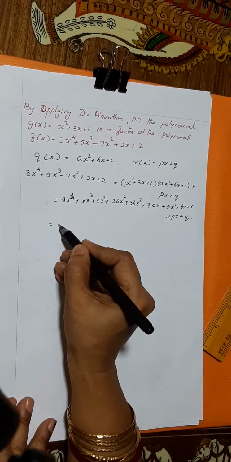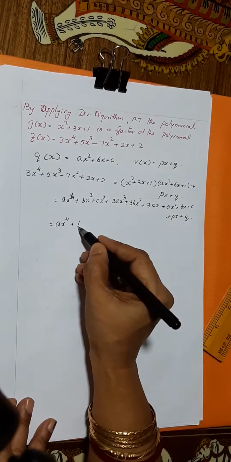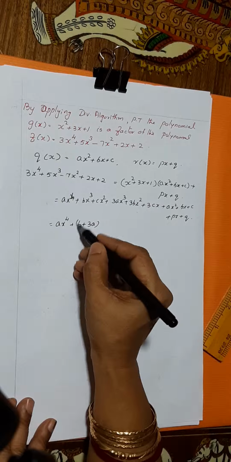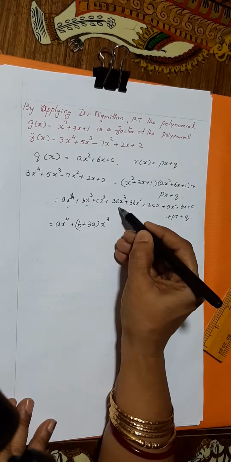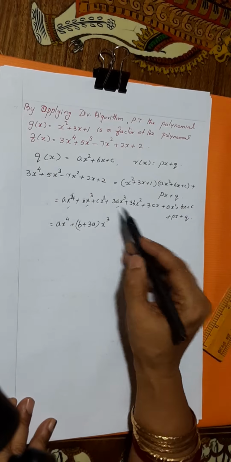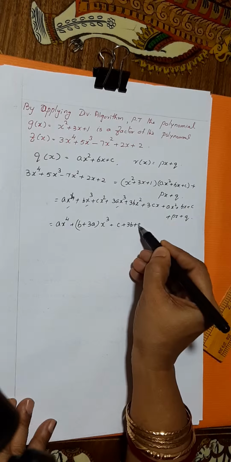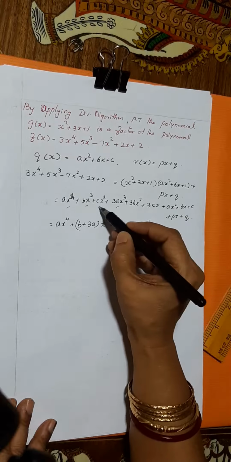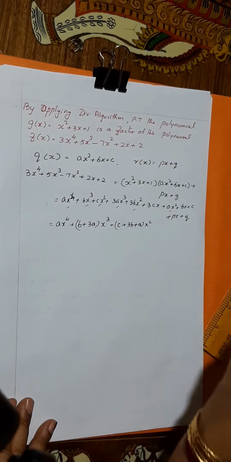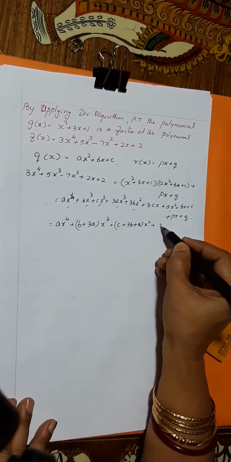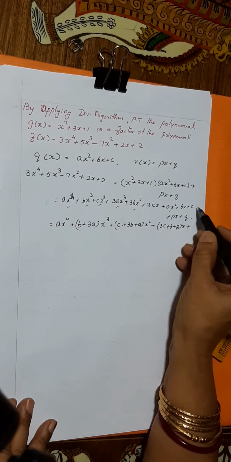So we will write this as ax to the power of 4 plus b plus 3a into x cube. So this is over. Now x squared, c plus 3b plus a x squared. So this is over. Now we have x term, so plus 3c plus b plus p into x plus c plus q.